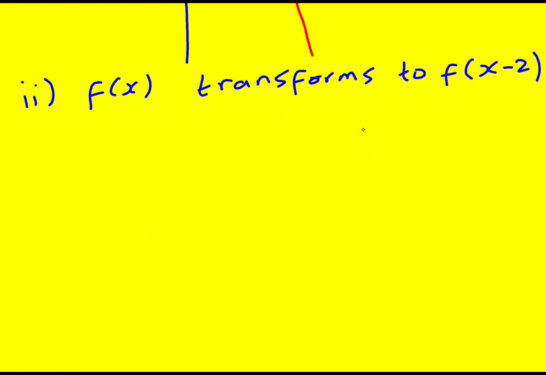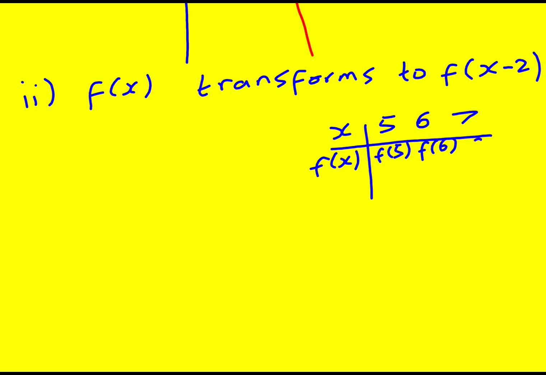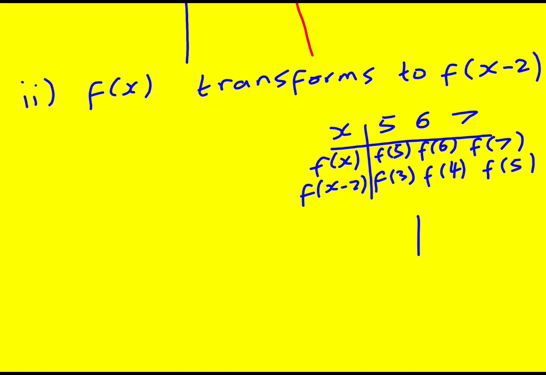Now let's just take a little look at why that is. If you had some x values, let's say 5, 6, 7, then your original function would be f of 5, f of 6, f of 7. Our f of x minus 2 function is then going to be f of 3, f of 4, f of 5.